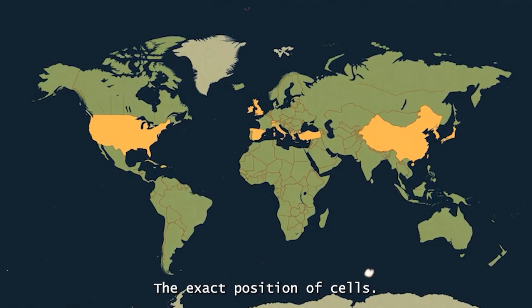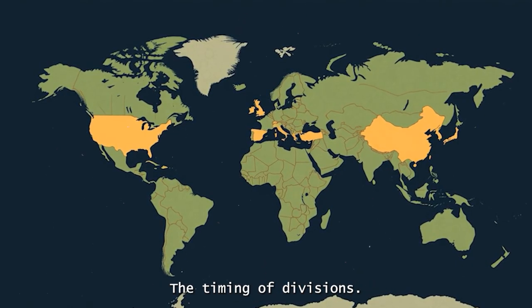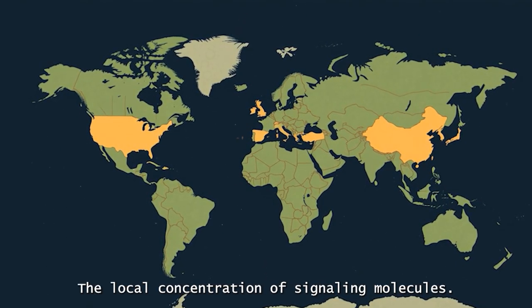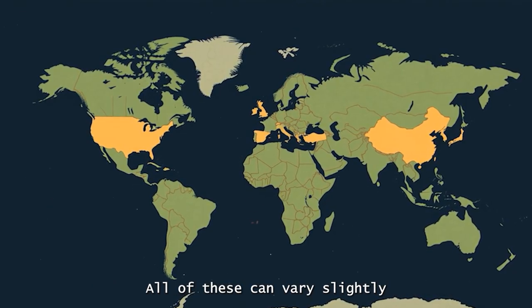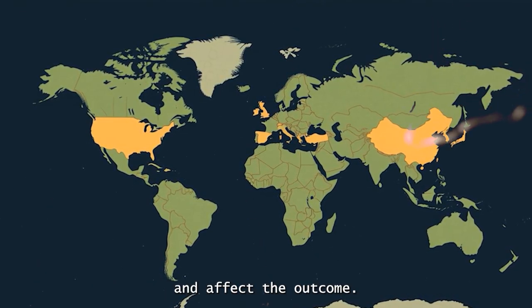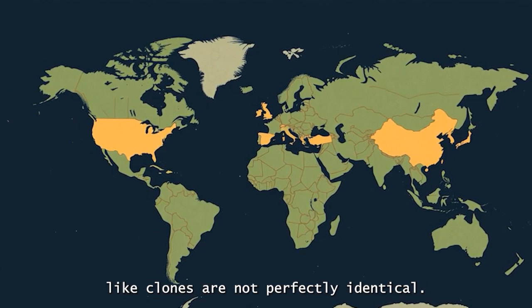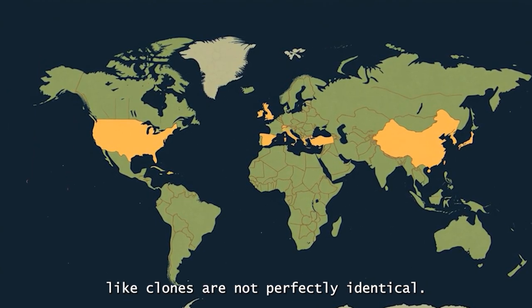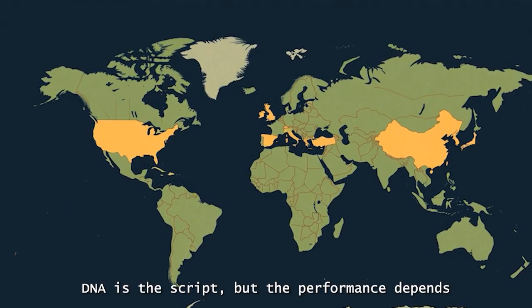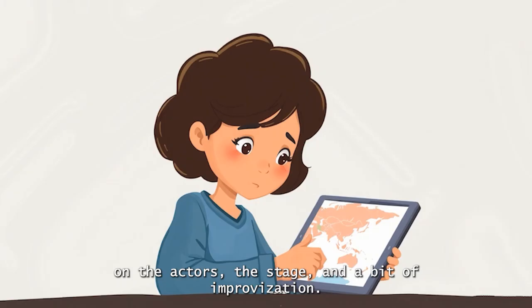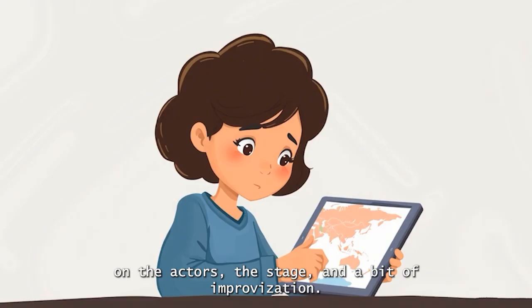The exact position of cells, the timing of divisions, the local concentration of signaling molecules, all of these can vary slightly and affect the outcome. This is why even genetically identical organisms like clones are not perfectly identical. DNA is the script, but the performance depends on the actors, the stage, and a bit of improvisation.